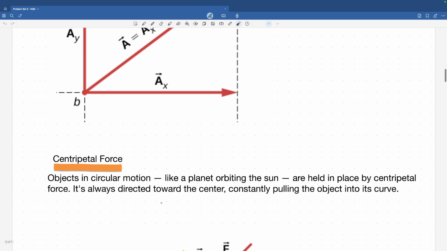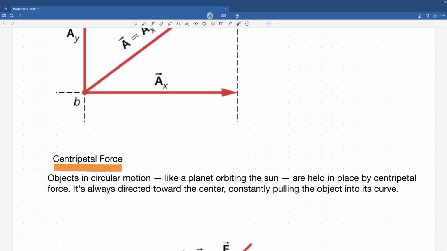Finally, in this chapter, we have to learn about centripetal force. Centri means center and petal means towards. So centripetal force is a force that acts towards the center.